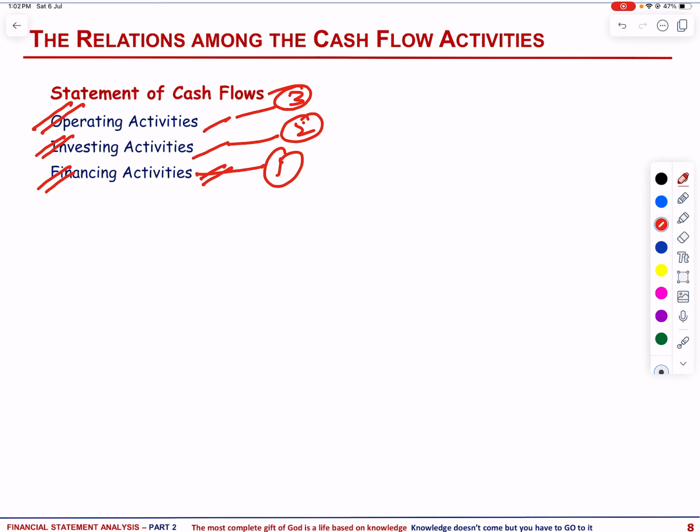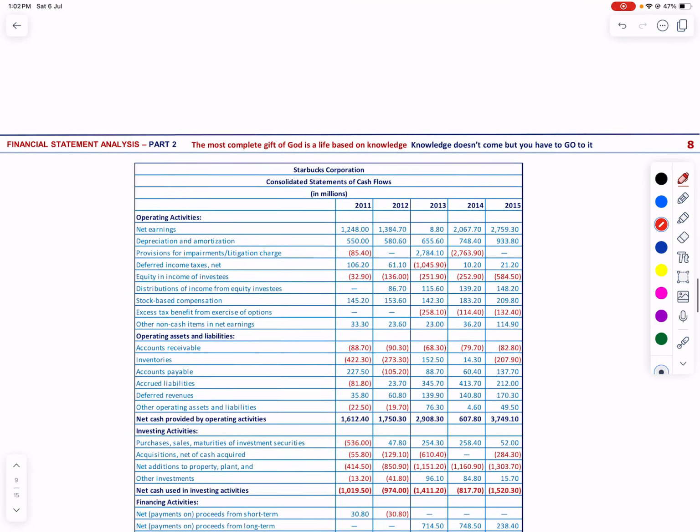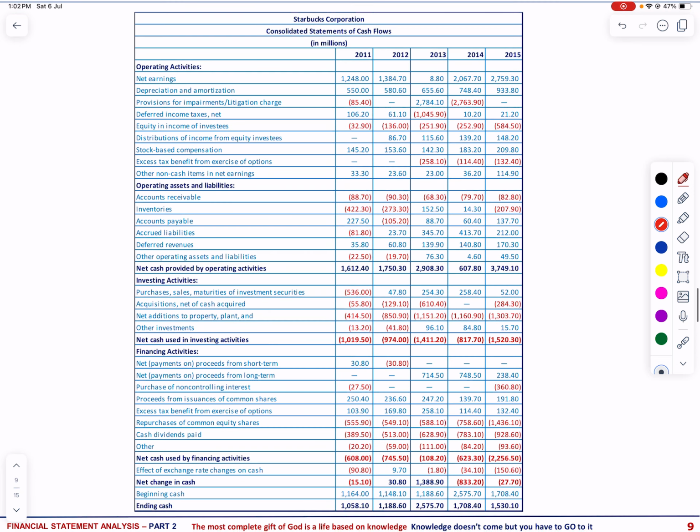So let us look into the cash flow activities of Starbucks for the year 2015. And you can see for the year 2015, Starbucks has generated 3,749 million from their operations. Their adjusted net income by adding 934 million of depreciation, the largest adjustment.